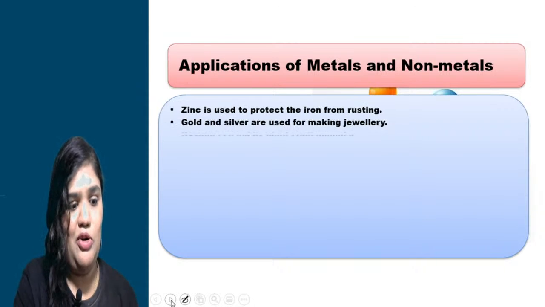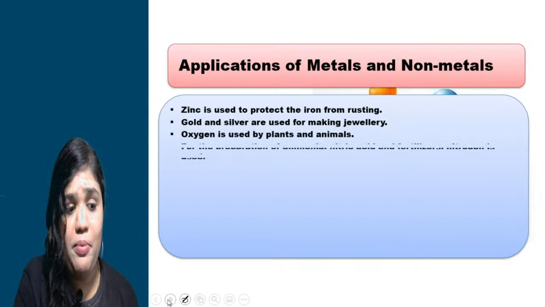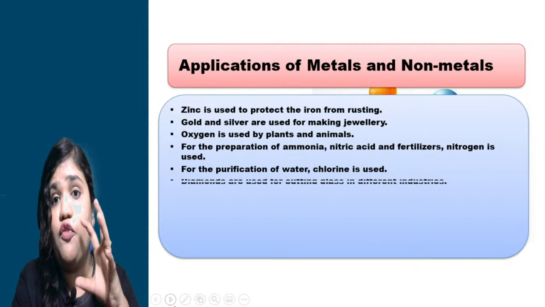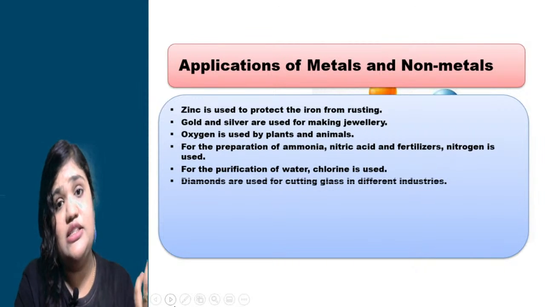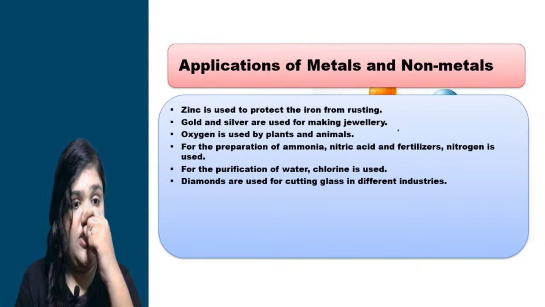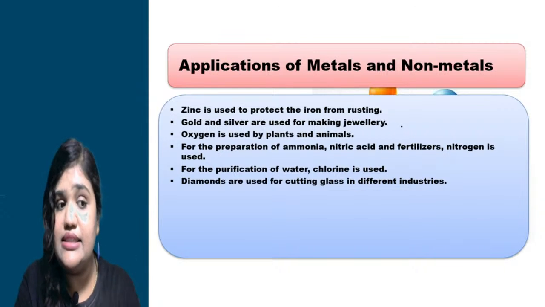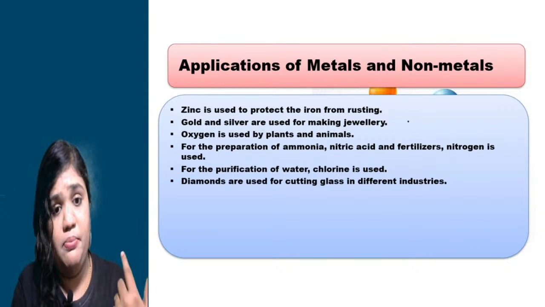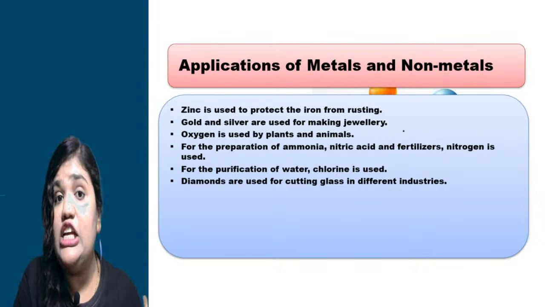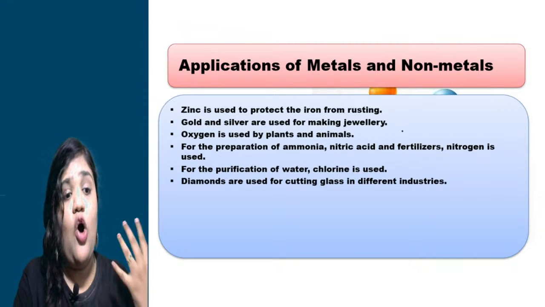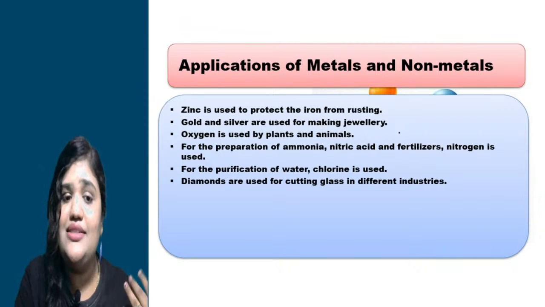Let me disclose, because this is the last point. I hope in the whole video session you have learned lots of important things regarding metals and non-metals. So here zinc, which is a metal, is used to protect iron from rusting. Gold and silver are also metals that are used for making jewelry, which is the most common use of metal, right? Oxygen is used by plants and animals.